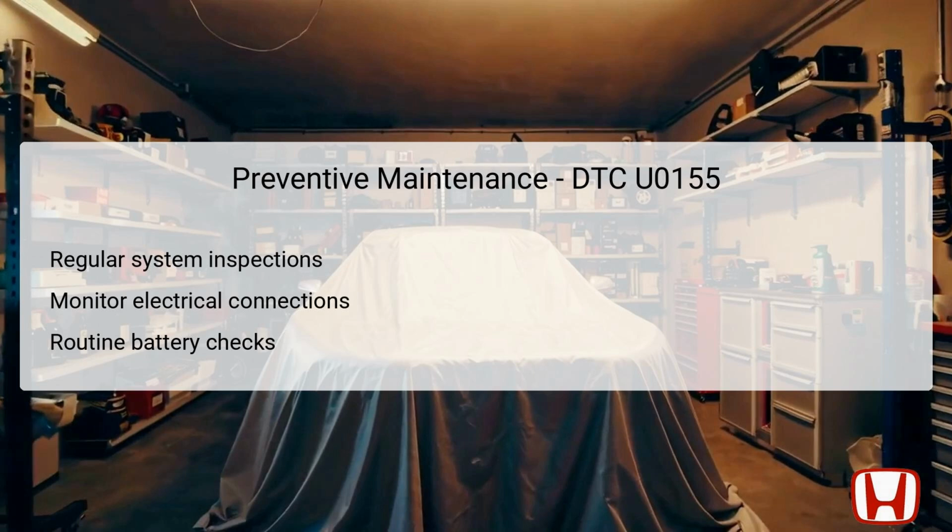Battery checks should also be incorporated into vehicle maintenance routines to confirm that they are functioning optimally. Keeping these components in good condition not only reduces the risk of encountering DTC U0155, but also enhances the vehicle's overall reliability and longevity. Strong preventive measures can save time and money by mitigating potential future repairs.